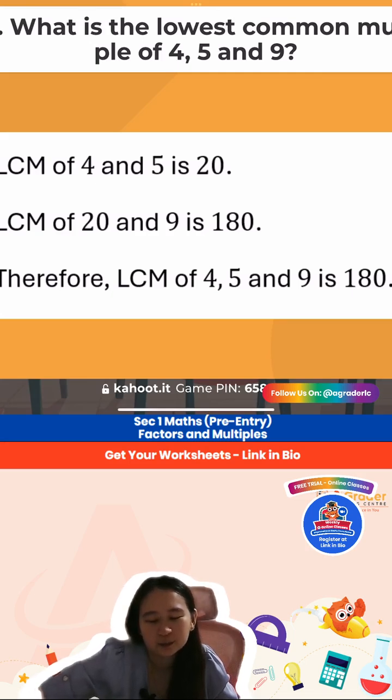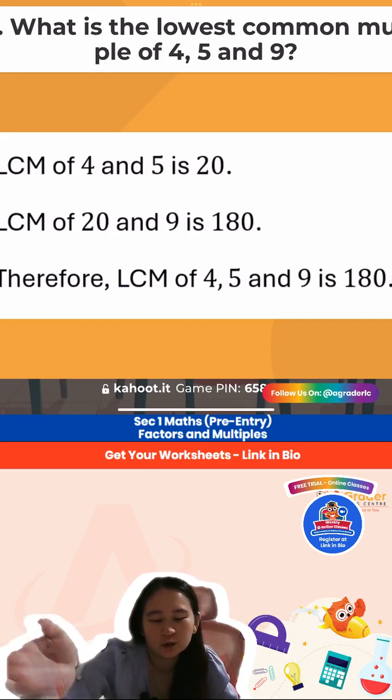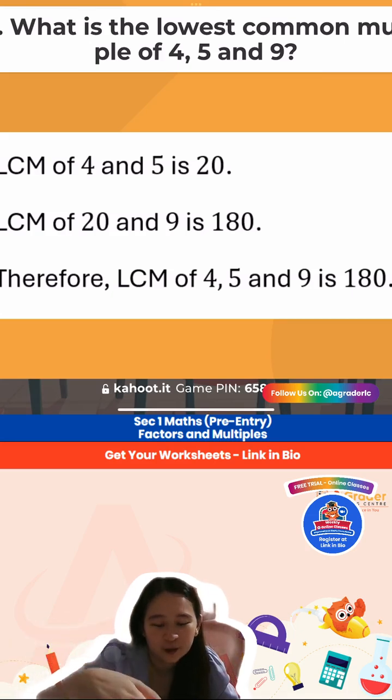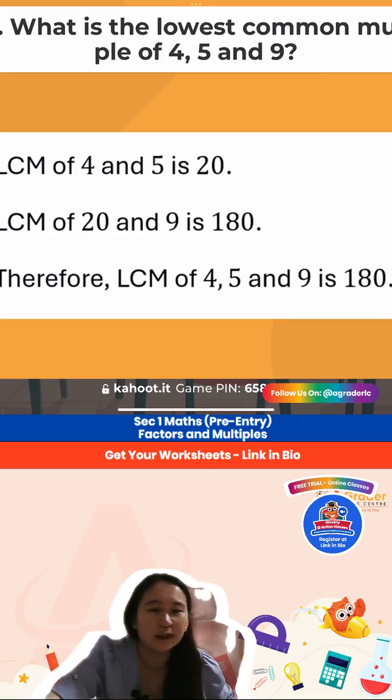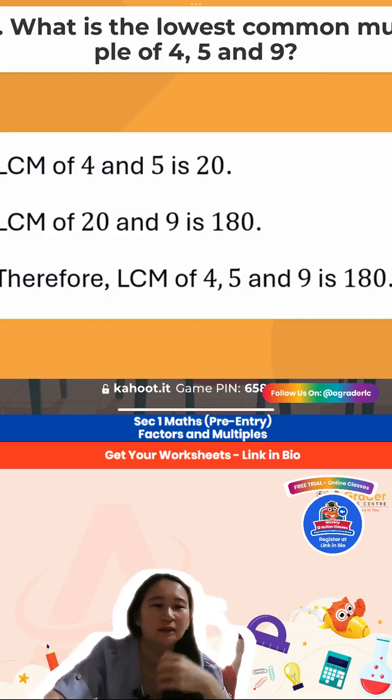And then we can take the lowest common multiple of 20 and 9, which is 180. Another way is you just keep listing the multiples of 4, multiples of 5, and multiples of 9, and then you see what is the very first number that is in common.